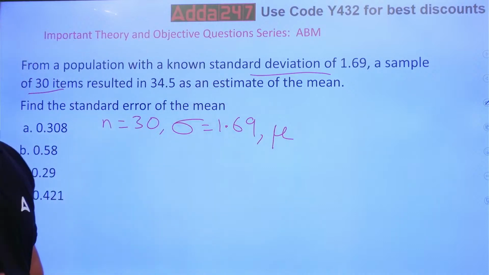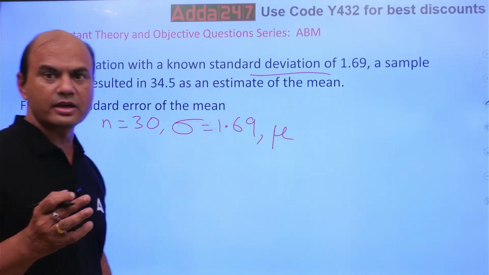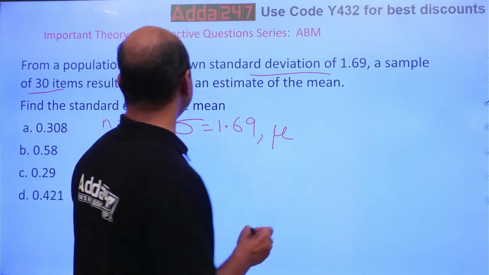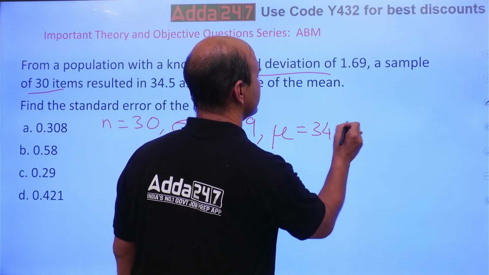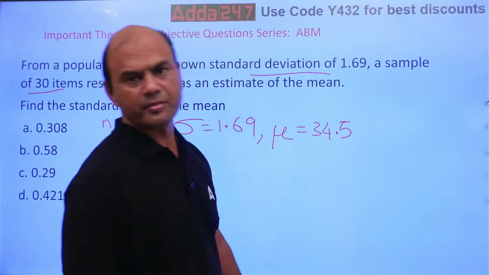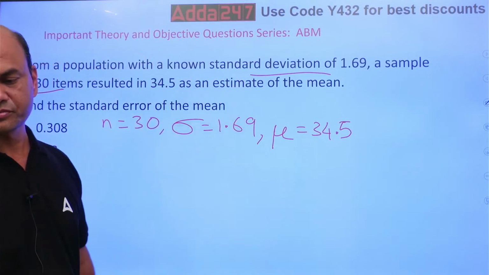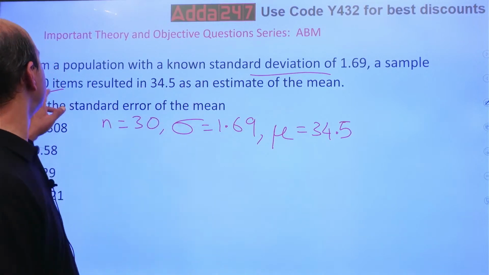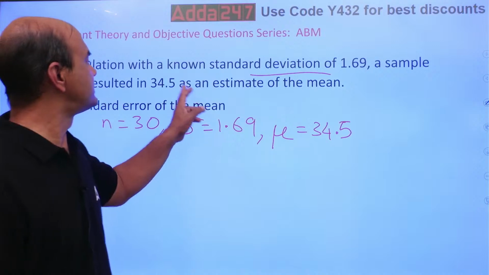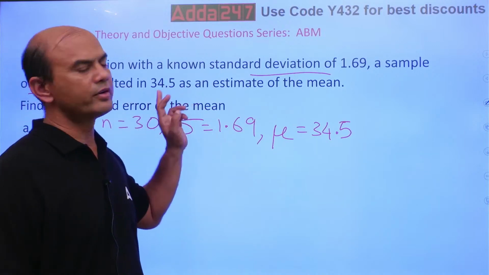Mean is always written as mu. So that is equal to what? 34.5. Okay. So what is given? Standard deviation is 1.69, 30 items, and the mean is 34.5.